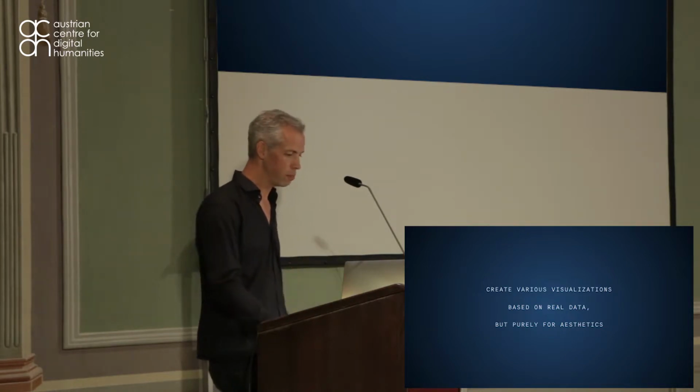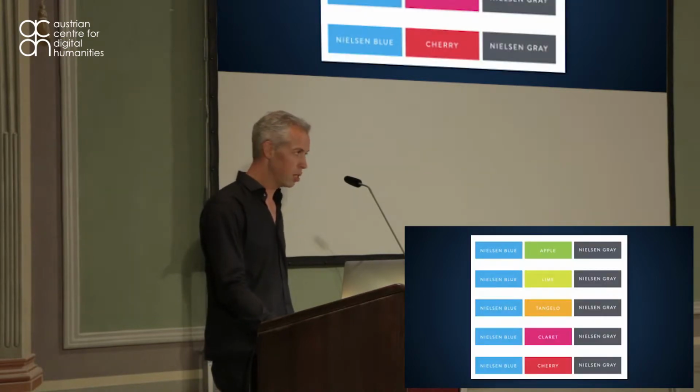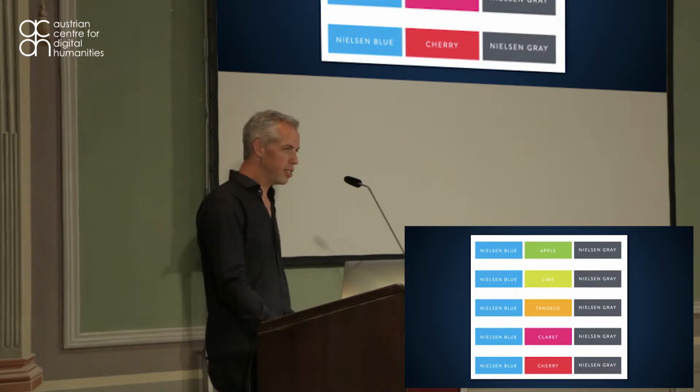But they wanted it based on real data, but purely for aesthetics, so you didn't have to see what it was about. Other than that, there were no requirements, except for one, which makes sense if it's a corporate identity, the use of colors.